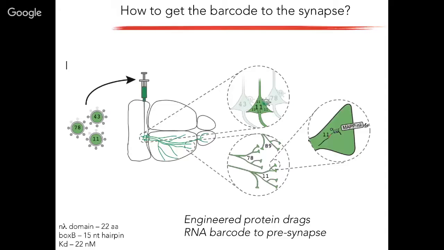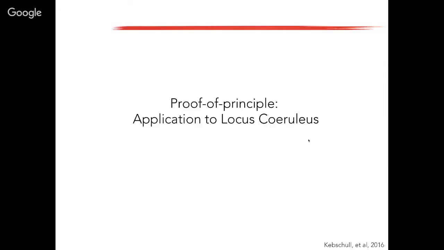And it grabs onto the box B component of the RNA barcode that we put in and drags it out to the synapse. So our first proof of principle of this was in the locus coeruleus.